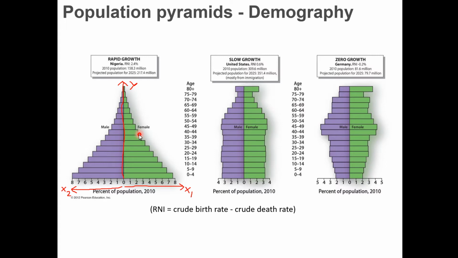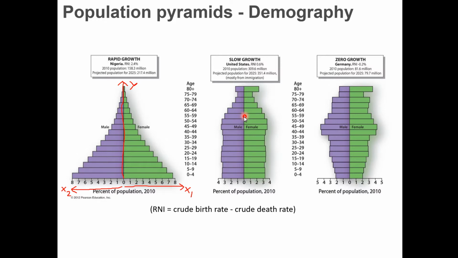benefits of modern medicine. So we take that and contrast with a country like the United States in the middle. Then we see that the amount and the percentage of the population in these younger generations is much less. So you essentially have this constant level of number of people all the way up to the time that people tend to start dying.